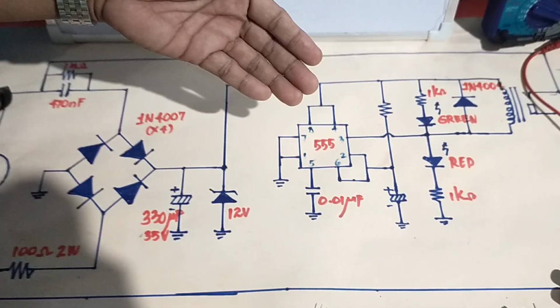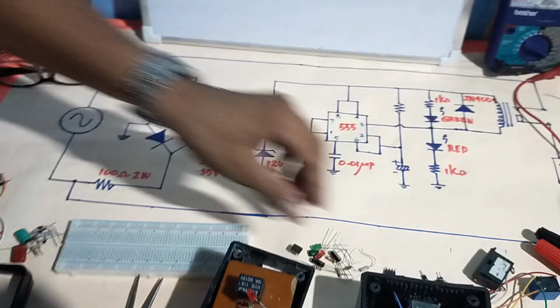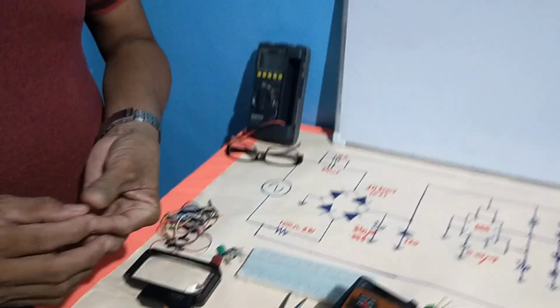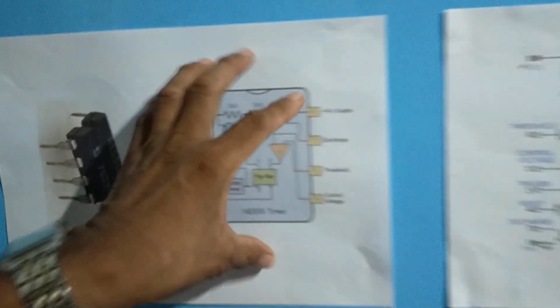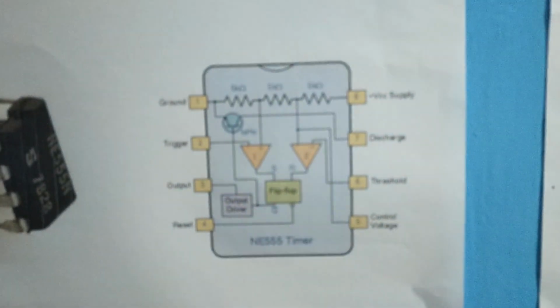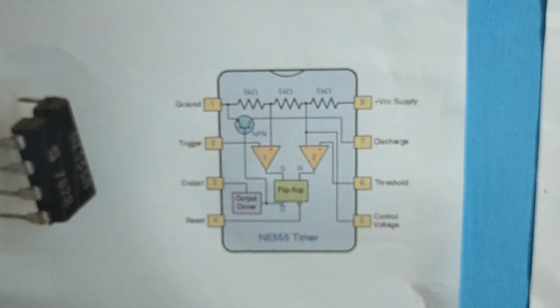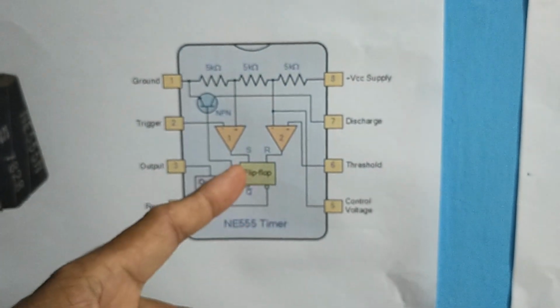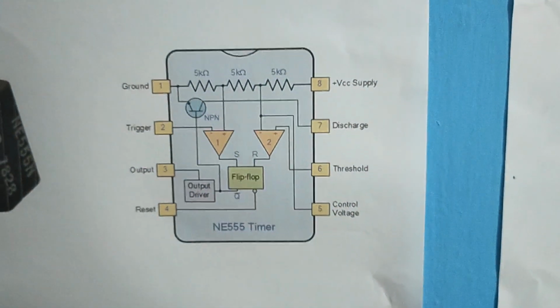So, what is this 555 timer? The 555 timer is a versatile monolithic IC. It is versatile because, based on this block diagram of the IC, it has two types of circuits. We have here the flip-flop that represents the digital circuit, and the comparators that represent the analog circuit.